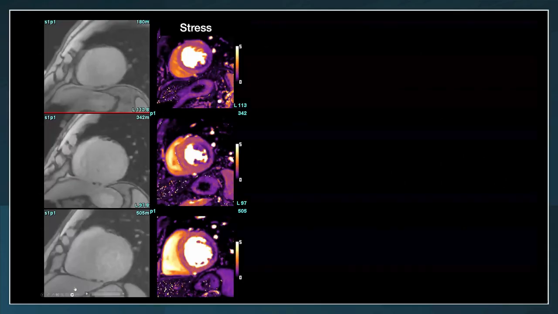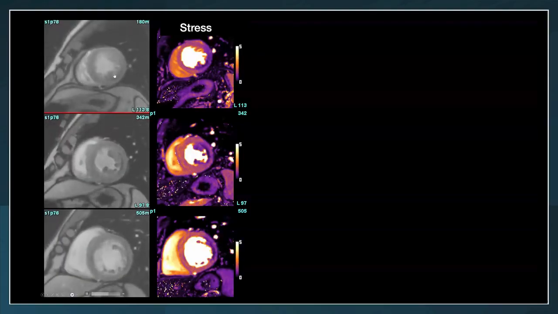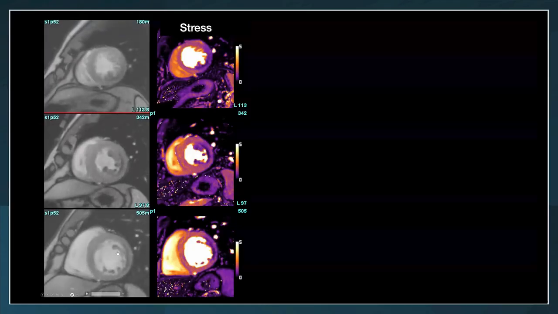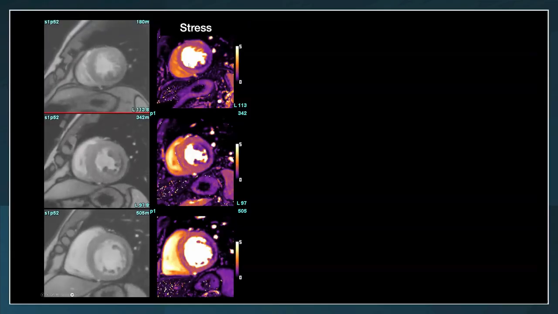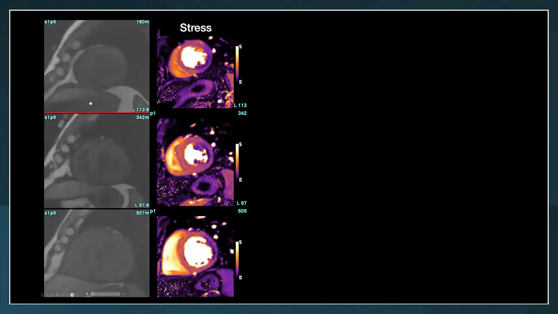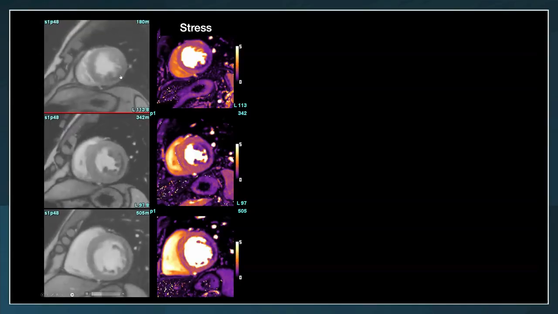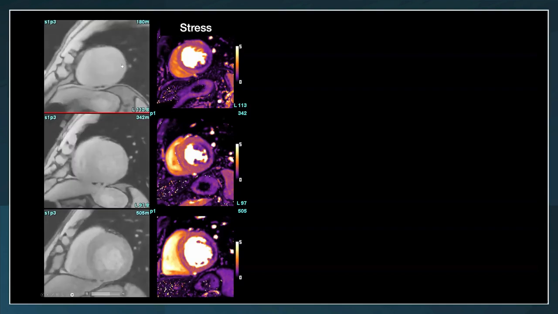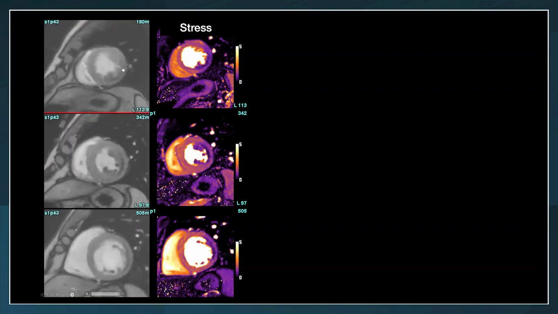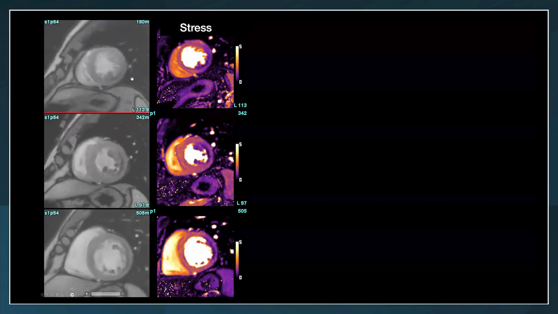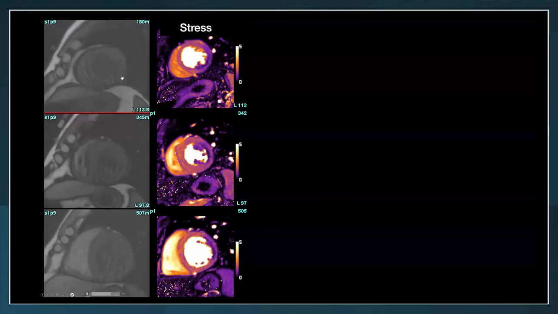Similar to the last case, I displayed them here in apical short axis, mid short axis, and basal short axis fashion, matched by the quantitative blood flow maps on the right. Here you can easily pick out that there is a perfusion defect involving the lateral wall, but also the basal lateral wall, but also the basal inferolateral wall as well.